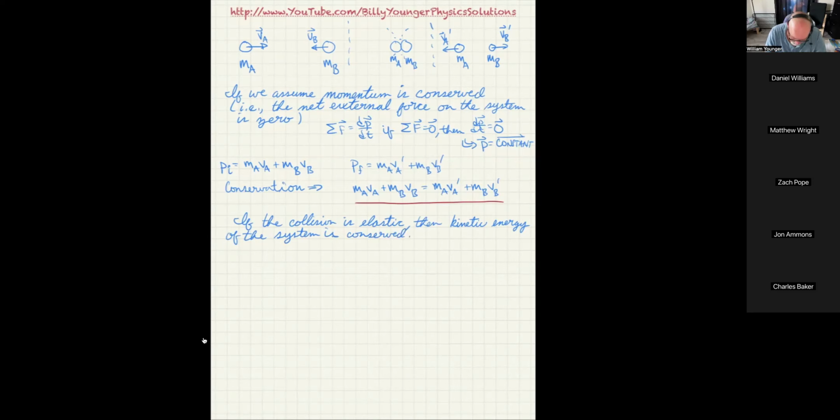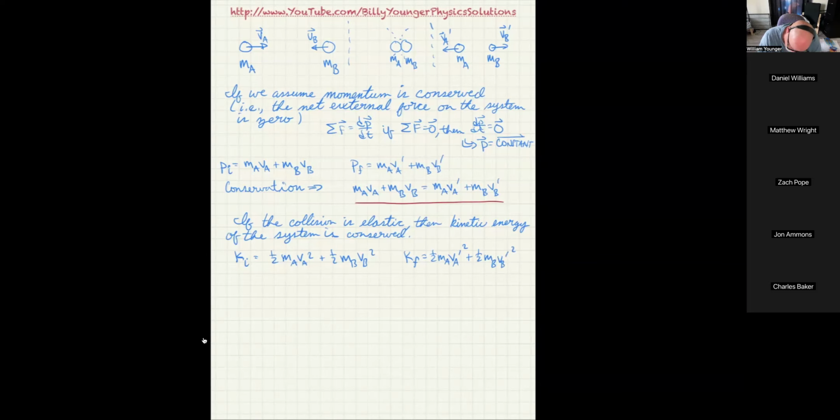So what does that mean? That means the kinetic energy initial is equal to 1/2 MA VA squared plus 1/2 MB VB squared. The kinetic energy final, which remember is a scalar quantity, that's how you have the v squareds here, is going to be 1/2 MA VA prime squared plus 1/2 MB VB prime squared.